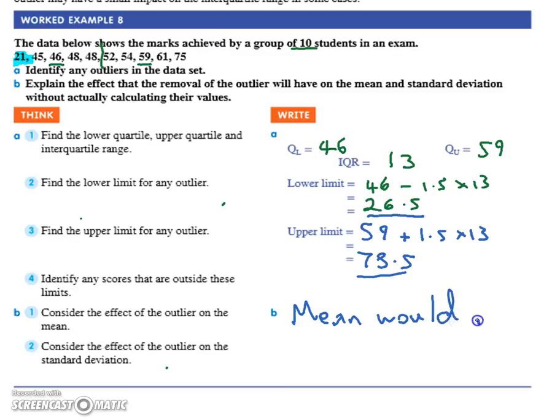So the mean would increase. All right, what about standard deviation? Aidan, what do you reckon? What would happen? Why?